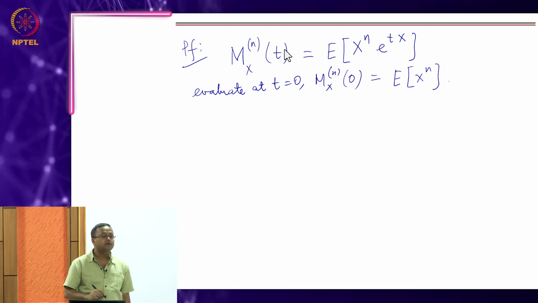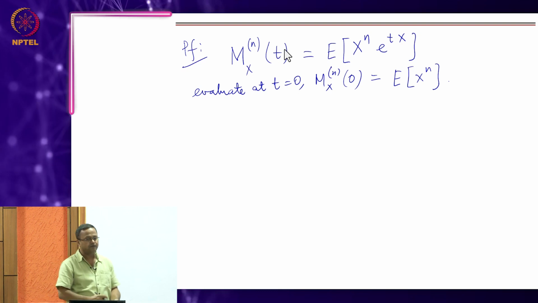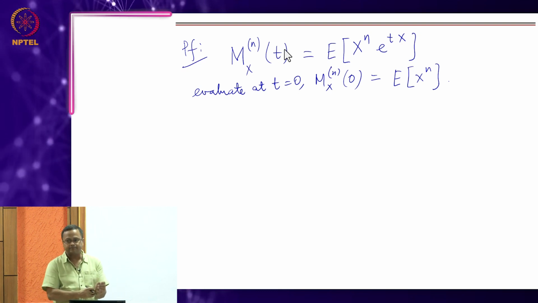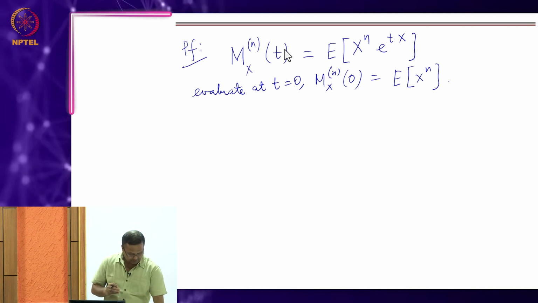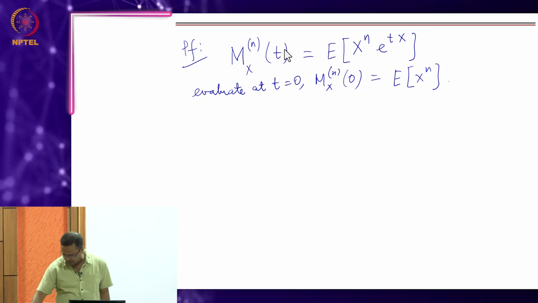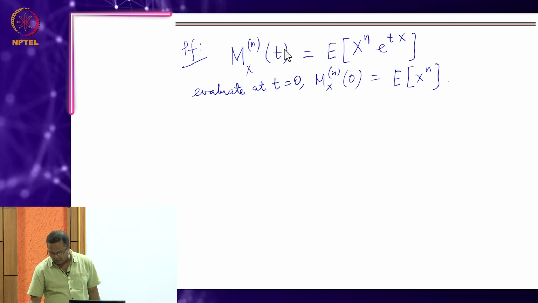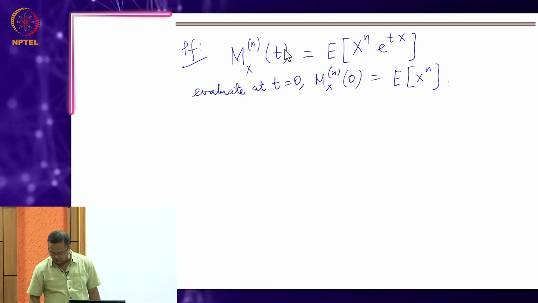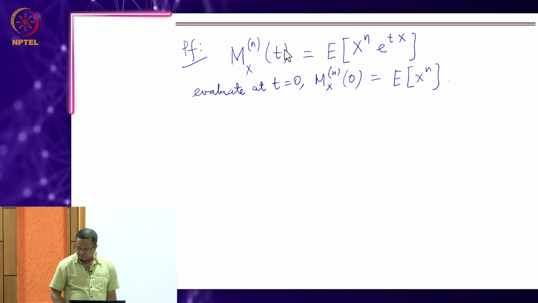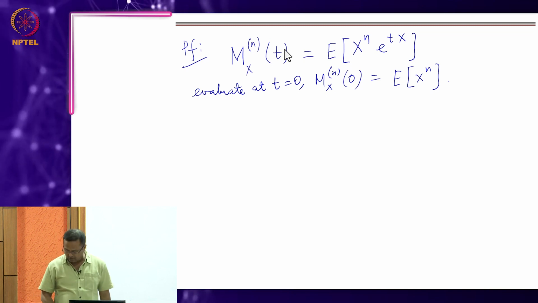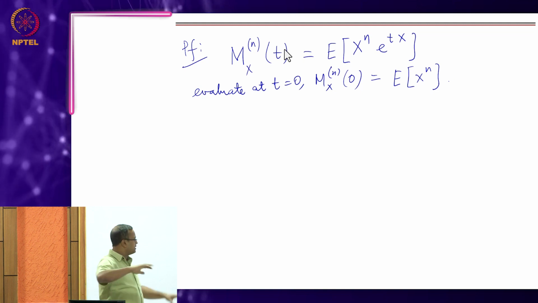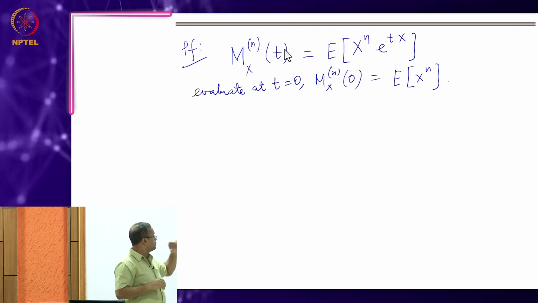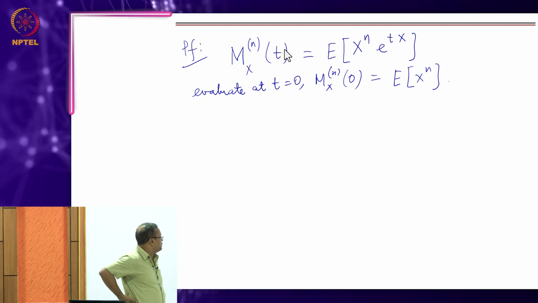And this is the nth moment of the random variable x, right. Now, see, those of you who have learned at least a serious course on probability, well, this theorem holds so you can differentiate around t equals 0.